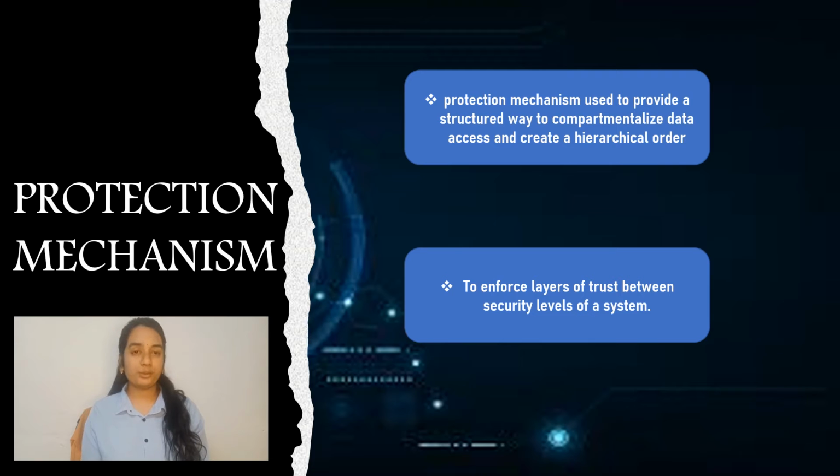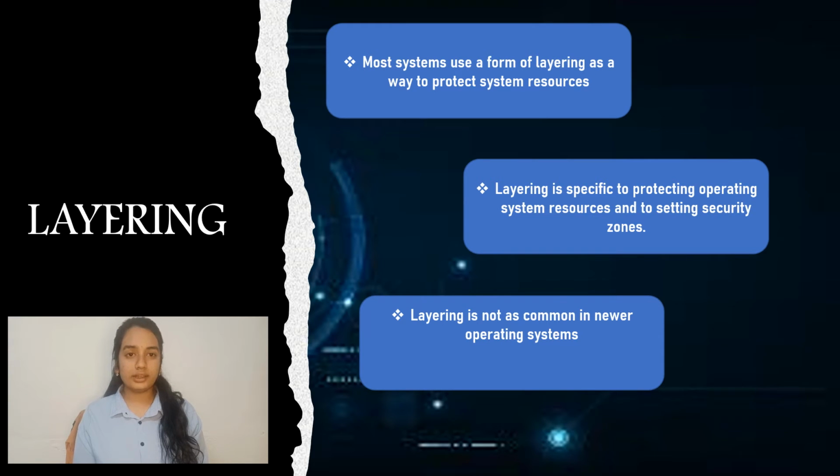Well, what I know is protection refers to a mechanism for controlling the access of programs, processes or users to the resources defined by a computer system. Protection ensures that the resources of the computer are used in a consistent way. Let's get into the following sections, which include layering, abstraction, data hiding and encryption.